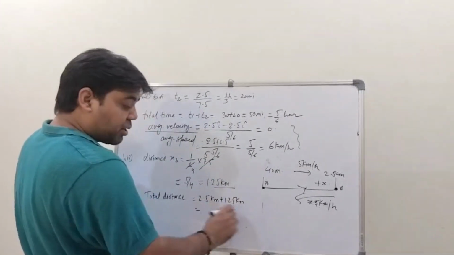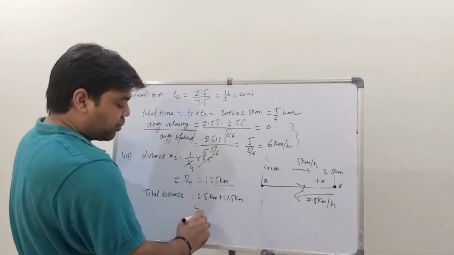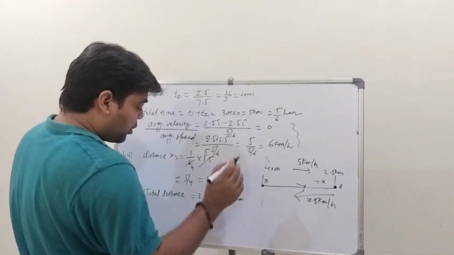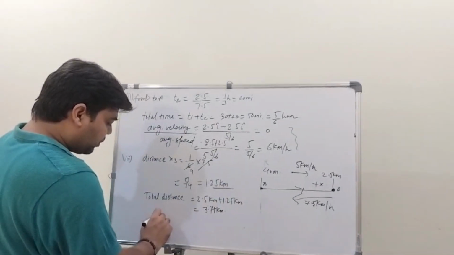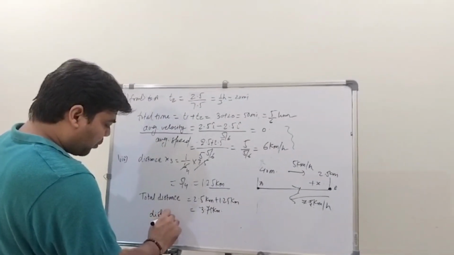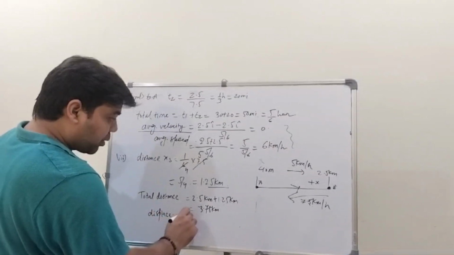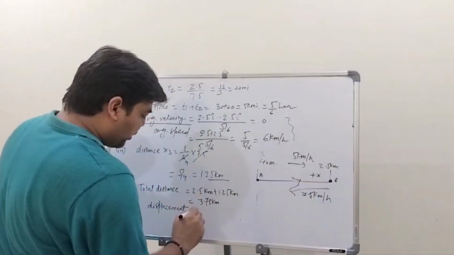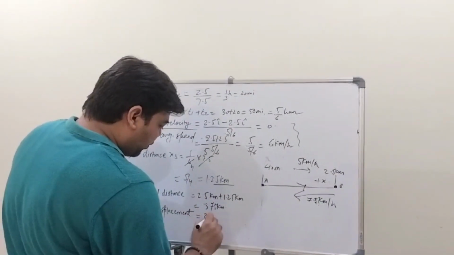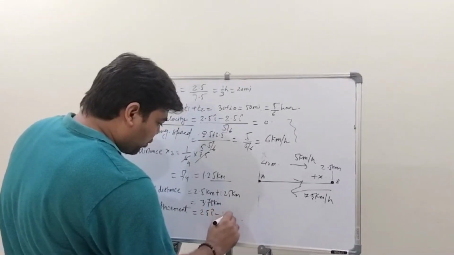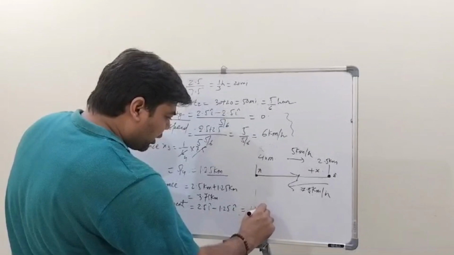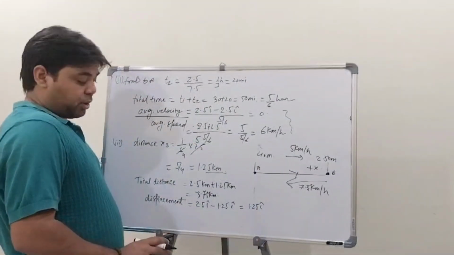So remember that this is distance, not the displacement. So it will be 3.75 kilometer. Now what is the displacement? Displacement will be 2.5 in the positive x direction, 1.25 in the negative x direction. So 2.5 i cap minus 1.25 i cap, which gives you 1.25 i cap as the total displacement, right?